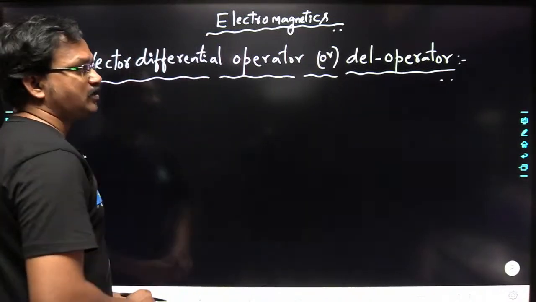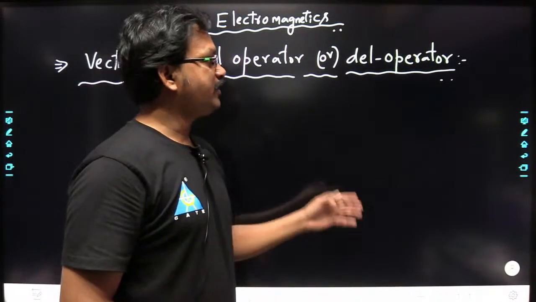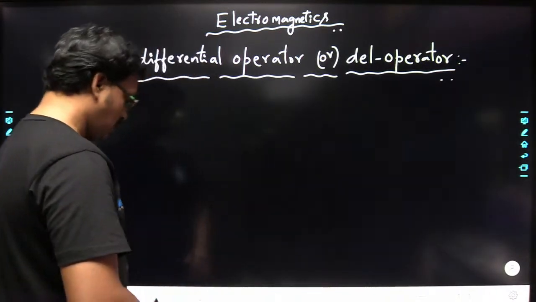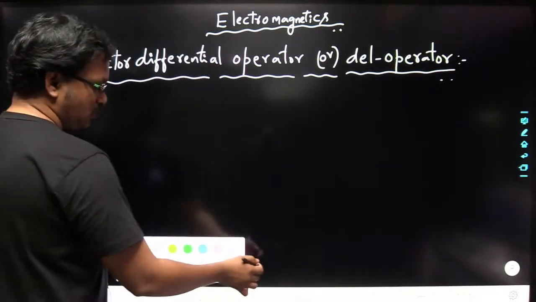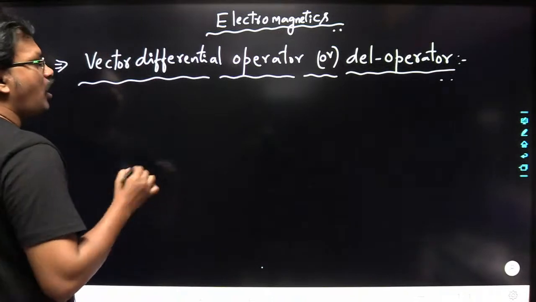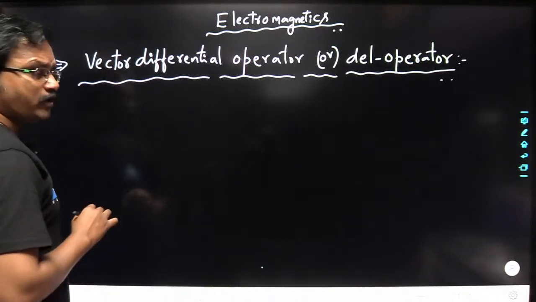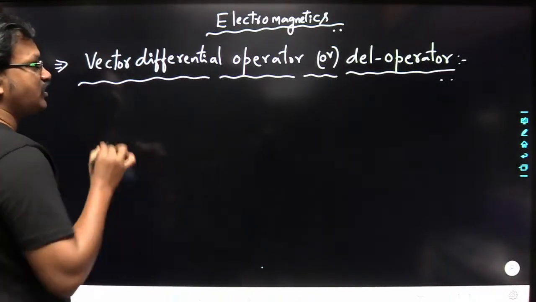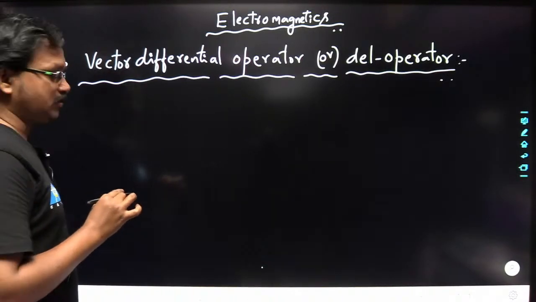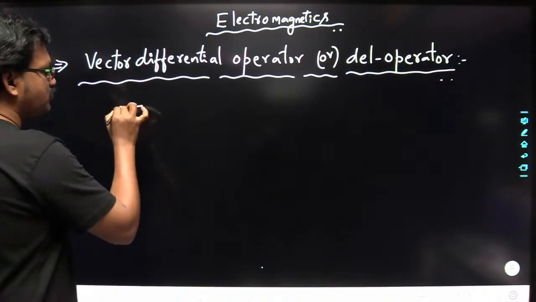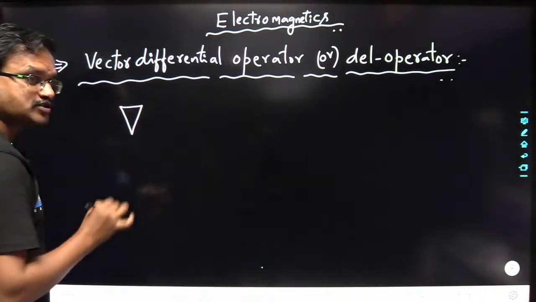So, the vector differential operator, or del operator. Now see here. First of all, how are we going to represent this vector differential operator mathematically?